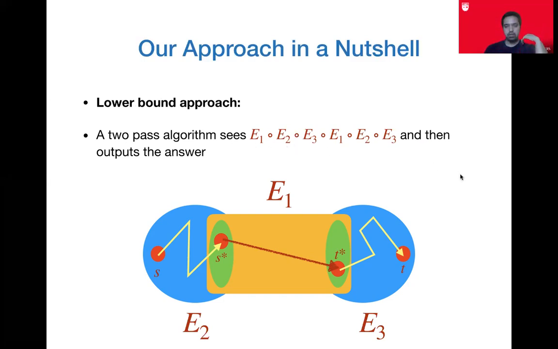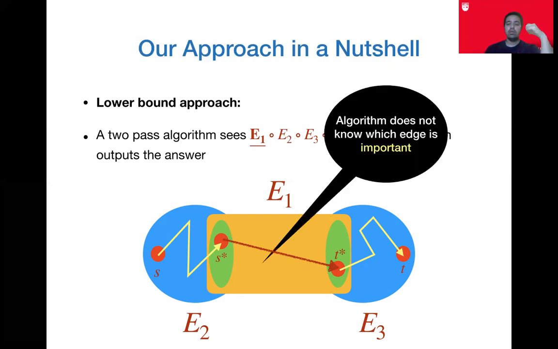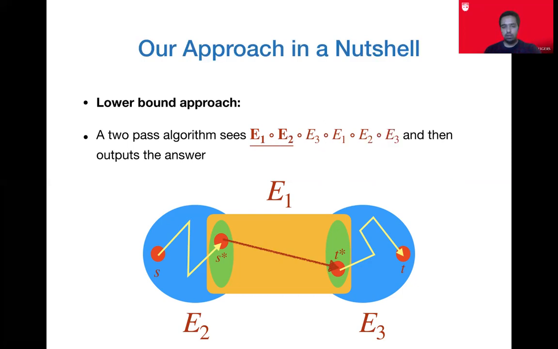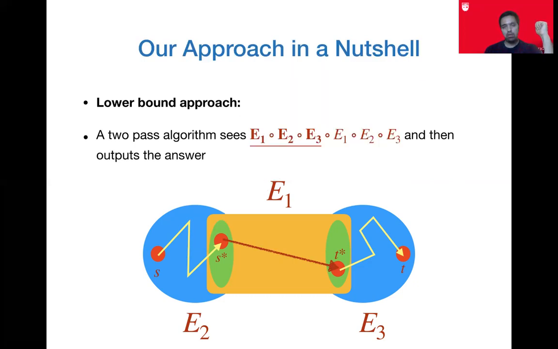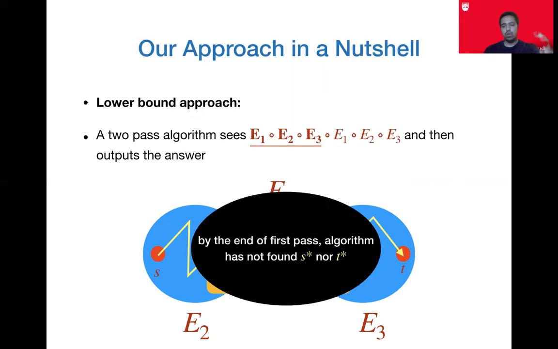Let's go over what happens with the algorithm. Well, the first time the algorithm sees E1, it doesn't know which edge is important. There are tons of edges there, so it's going to forget about the important one. Then it sees E2. By the guarantee that we have from the single pass algorithm, in this pass, it will not be able to figure out what is S star. The same happens for E3. So by the end of the first pass, the algorithm has not figured out what is S star, what is T star.